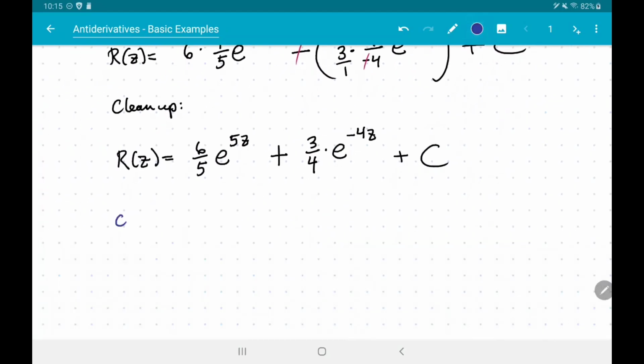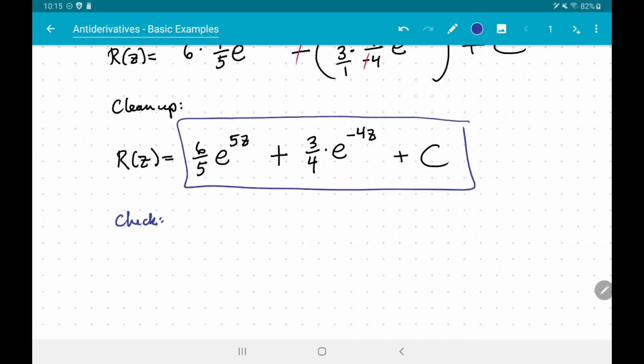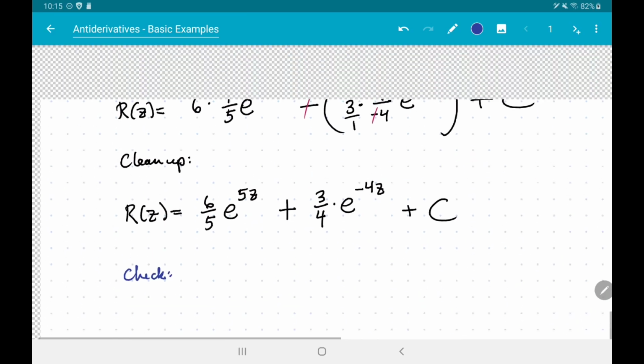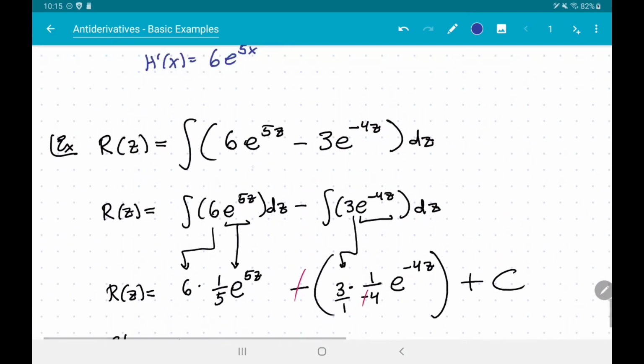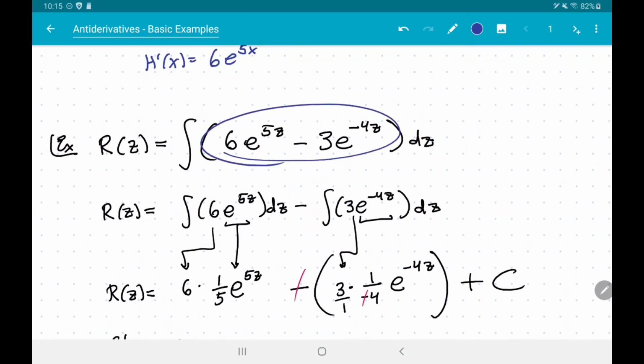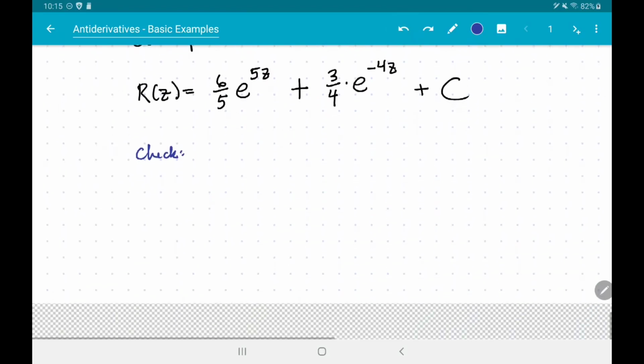Now let's check. So remember, this is the answer that we're supposed to find. If we take the derivative of this, we should get back to the stuff that was inside the integral symbol. So let's check.